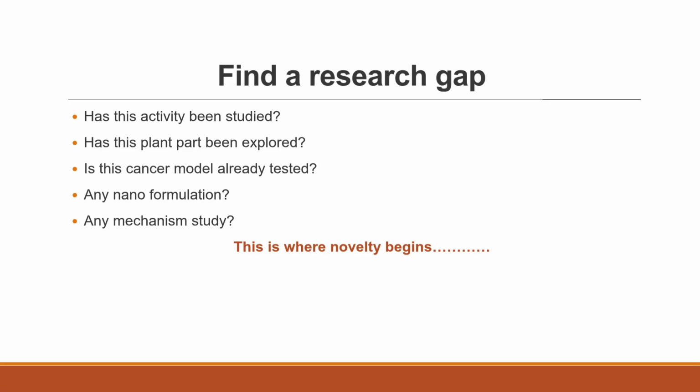For example, a plant may have been studied for antioxidant activity, but its anti-cancer mechanism may not be explored. That is a gap, as I said earlier. Or the leaf extract may have been studied, but the flower or seed extract may still be unexplored.